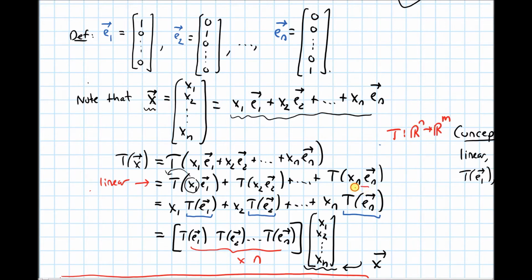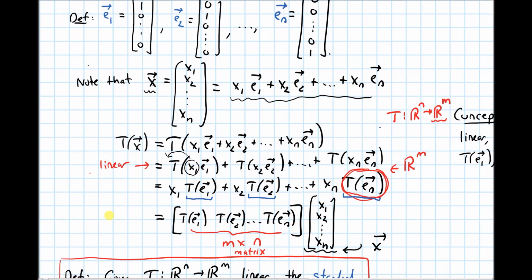So when I plug in something like en into T, the output has to be an element of Rm. That means this vector has m entries, so the matrix is going to have m rows. This is an m by n matrix, and that is the matrix associated with T.